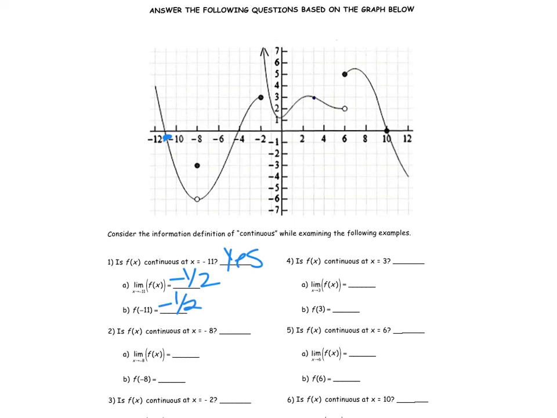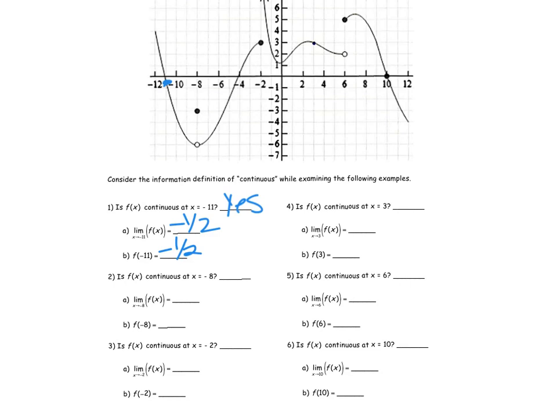All right, maybe I'll just do one more with you, and then you'll do the rest. Okay, let's do question 3 together, and then you'll do the rest of these on your own. So for question 3, is f of x continuous at x equaling -2? So is it continuous? No. Why is it not continuous?